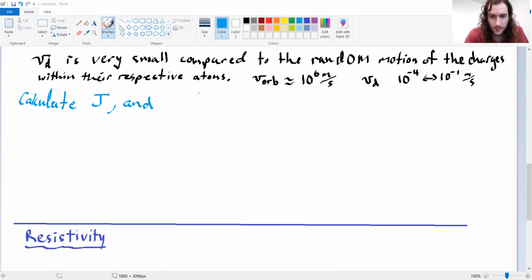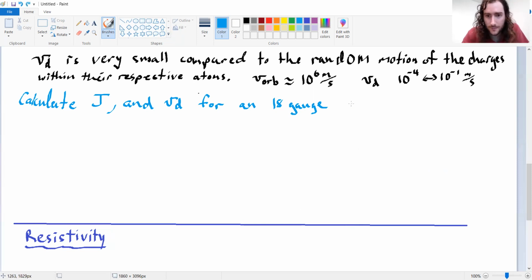Calculate J and the drift velocity. I'm getting this example straight from the textbook, by the way. The other examples I gave were not from the textbook, but this one I'm taking from the textbook because it's hard to come up with an example of this off the top of your head. Remember that there are lots of examples in every chapter in the book, and they should be pretty useful. I've looked at them for several of the previous chapters, and they're all good examples.